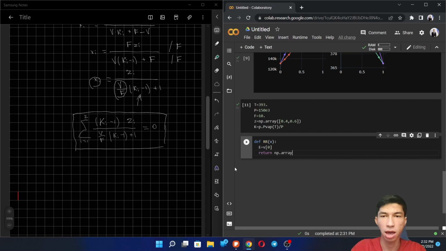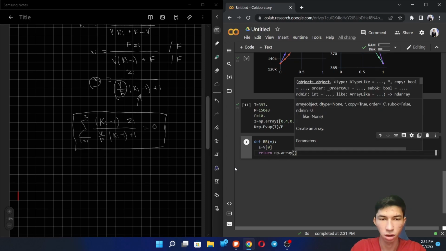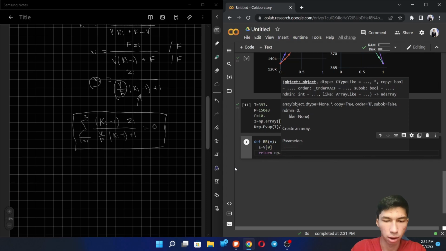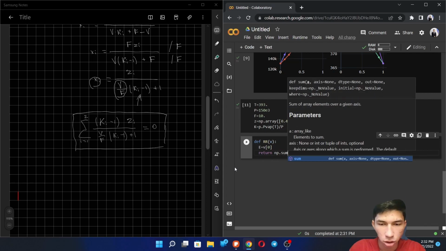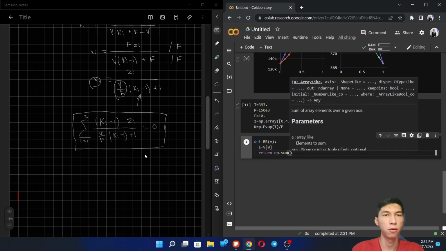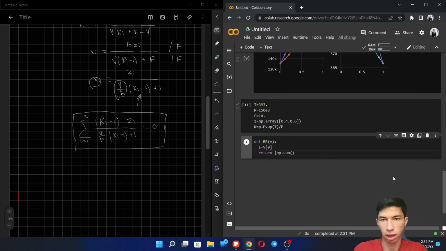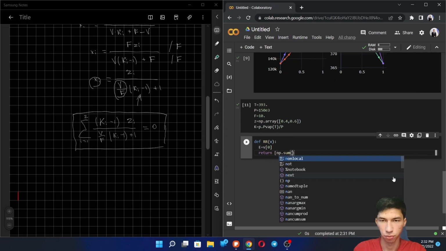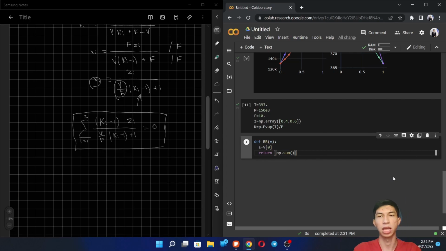It's a NumPy sum, and it should be in array form, so that our function takes a vector and returns a vector.